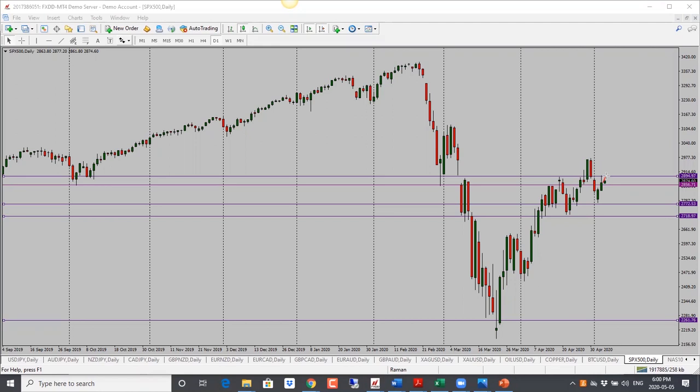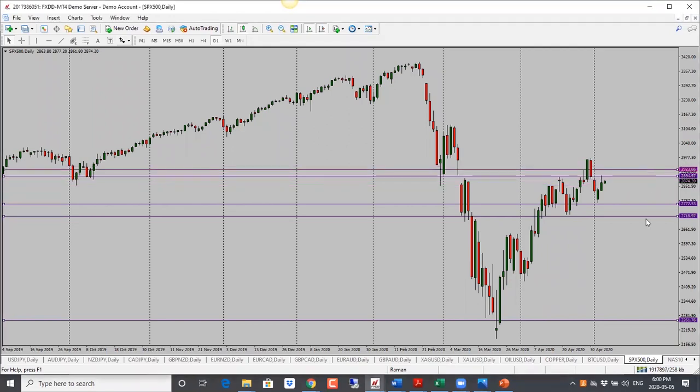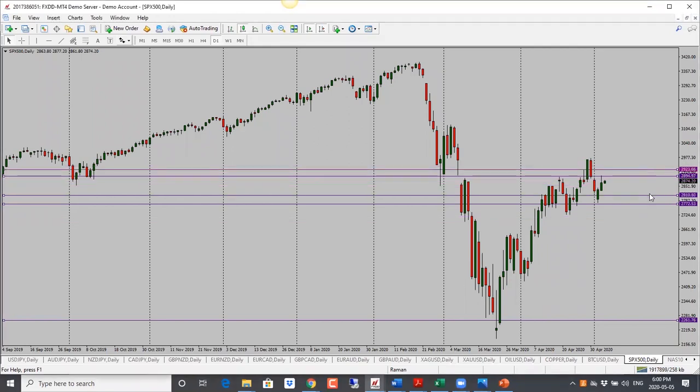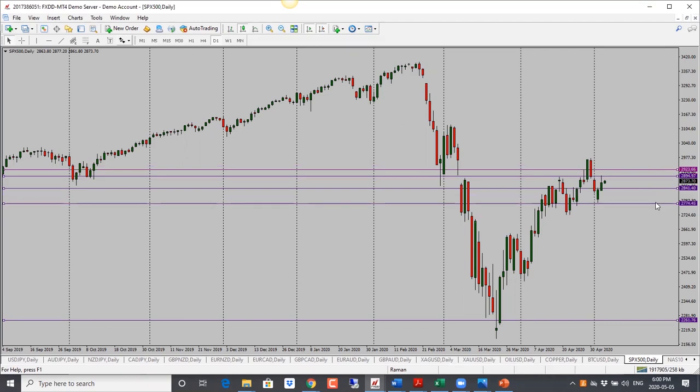So if it holds below 2900, basically I am looking for a move back down. So bias is neutral to slightly bullish, but I'm not overly excited about going long on this one. So watch out. In terms of the target here, first target is 2840, and then second target is 2780. So neutral here for S&P 500.